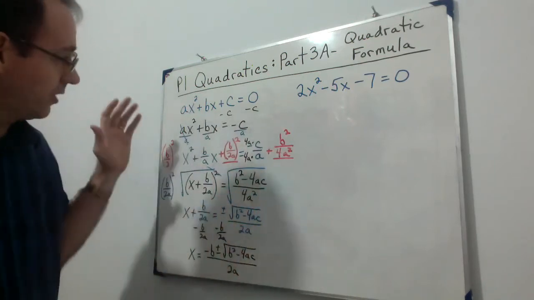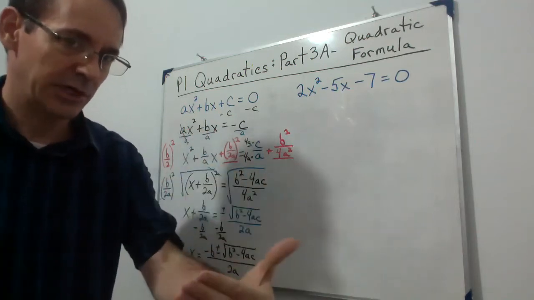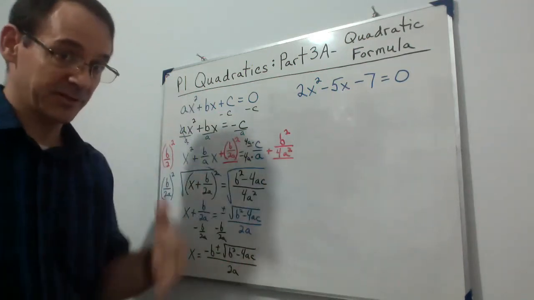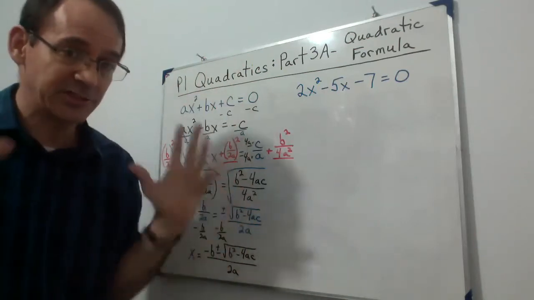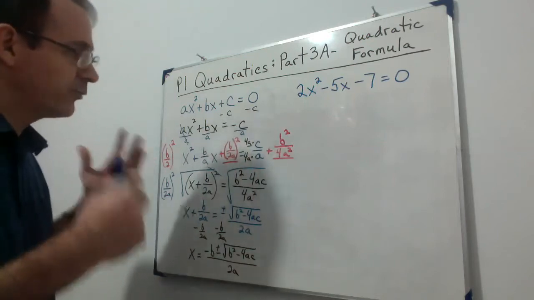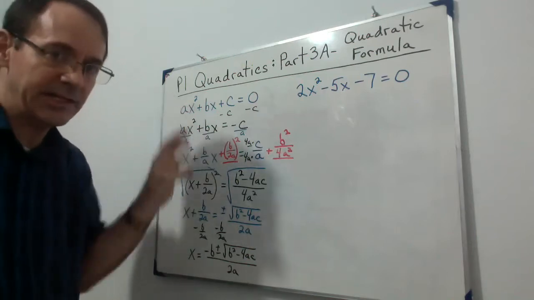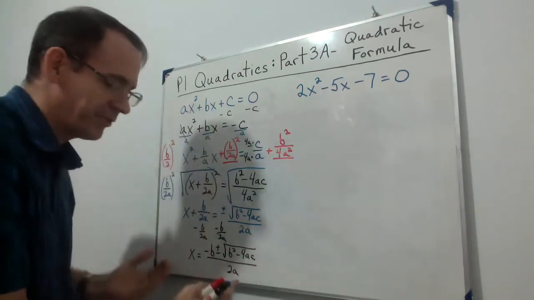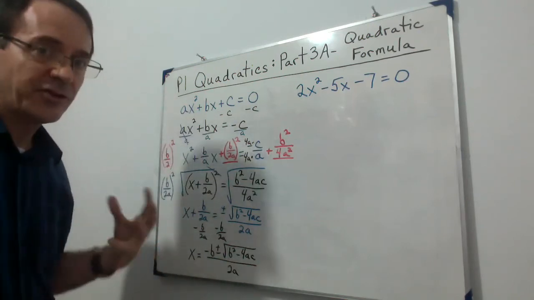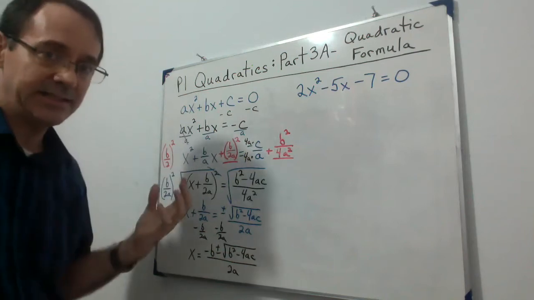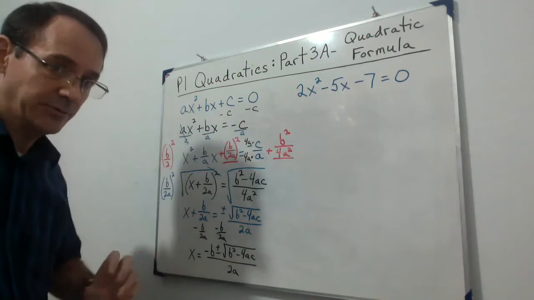Okay, so in order for you to figure out the quadratic, there's no nice diagram for this like there was for completing the square. We use nice diagrams for completing the square so that you could visualize it. There's not really a way to visualize it. You really have to understand the completing the square method in order for this to work. And it is a little lengthy so that it's not easy, okay? It's not intuitive as far as visualizing goes.